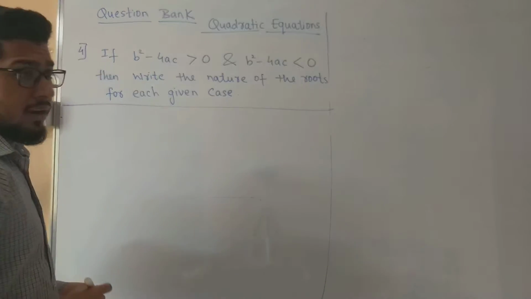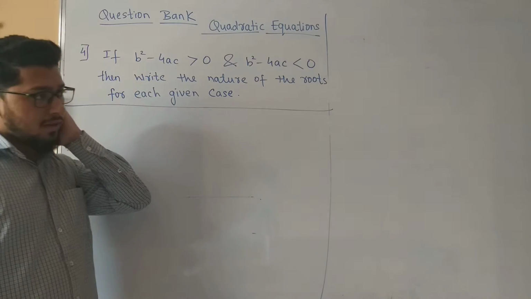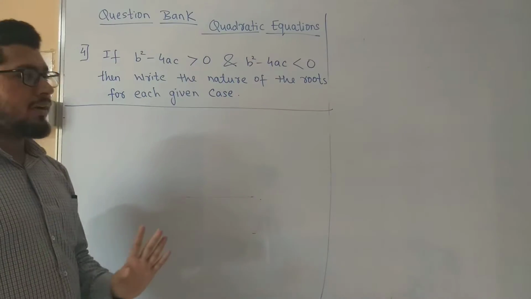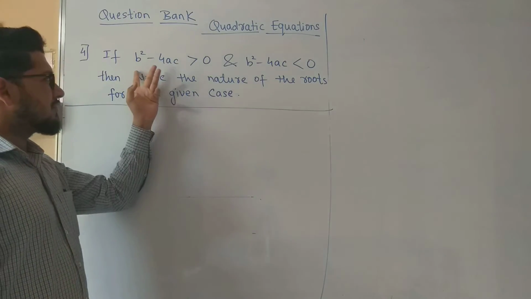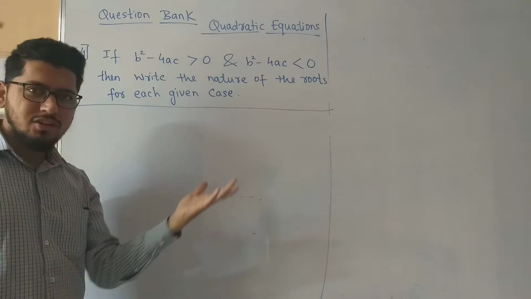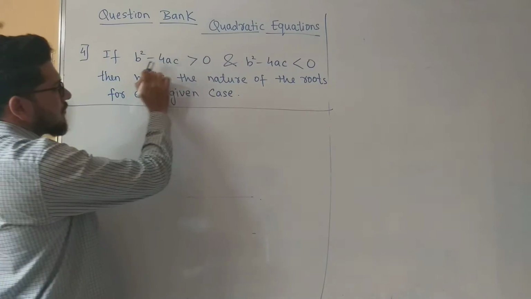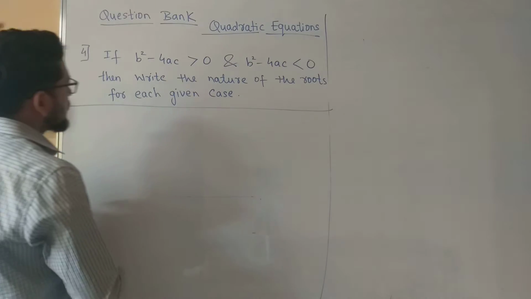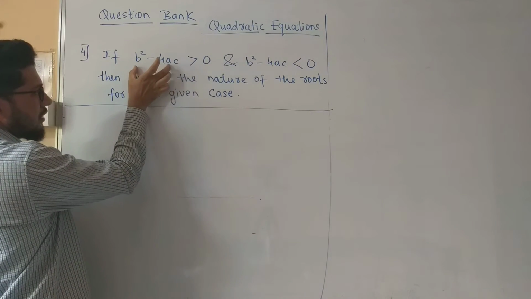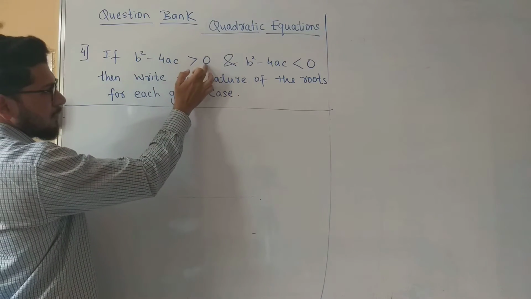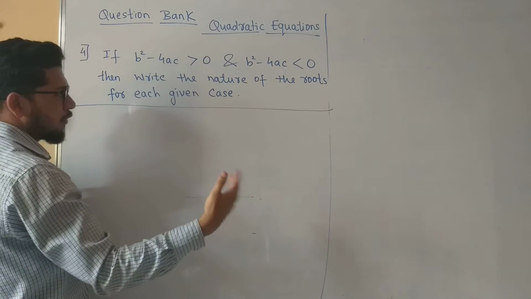There are 3 conditions which are given in your textbook. The b square minus 4ac is called the discriminant. If b square minus 4ac is greater than 0, then what is the nature, and for less than 0 and for equal to 0? Here we have to write the nature for these 2 only. Greater than 0 means the value of the whole term will give you a positive integer.